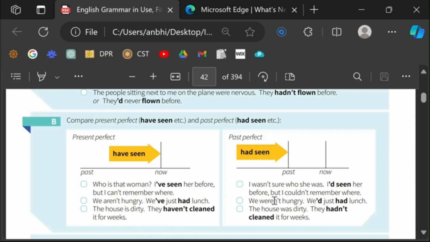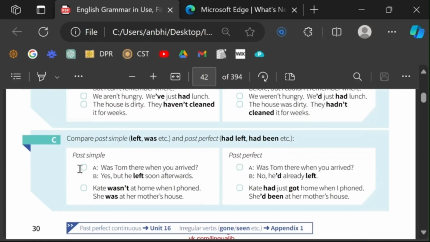Now the similar situation but in the past. The house was dirty. This is in the past. Maybe now the house is clean, but in the past the house was dirty. They hadn't cleaned it for weeks. This happened before this past action.